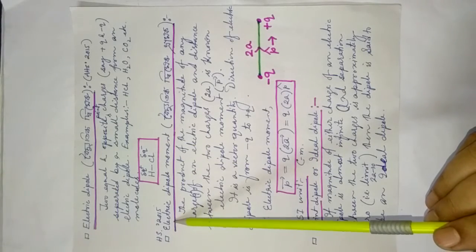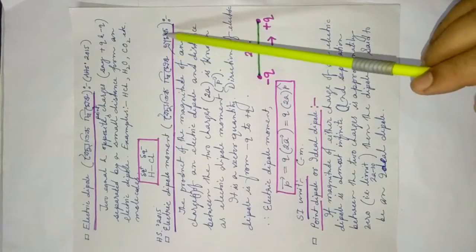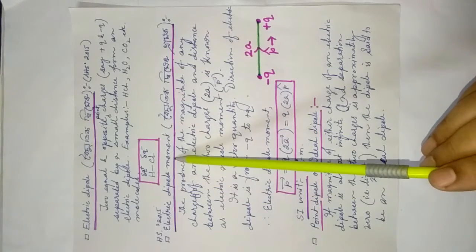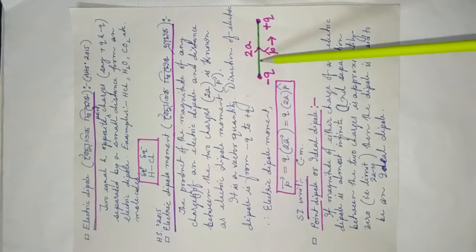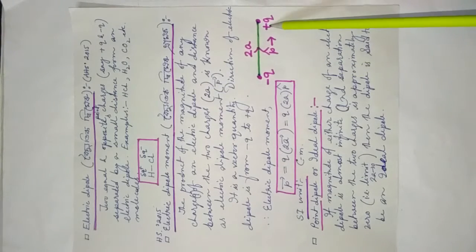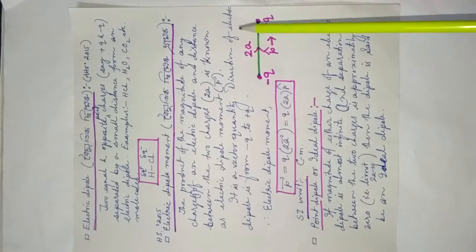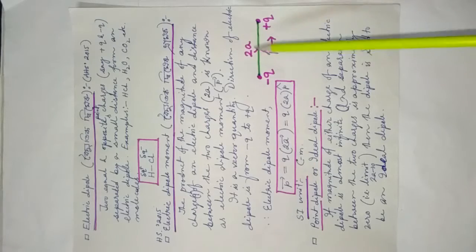Next topic is electric dipole moment. In SMS it is বৈদ্যুতিক দ্বিমেরু ভ্রামক. Electric dipole moment means, suppose in this diagram, this is minus q and this is plus q, and the separation between the two charges is 2a.